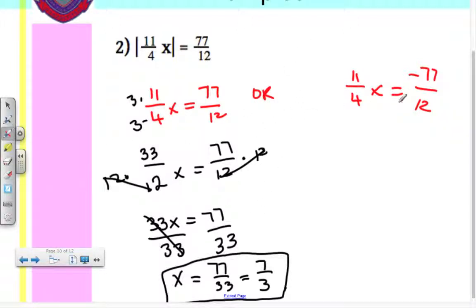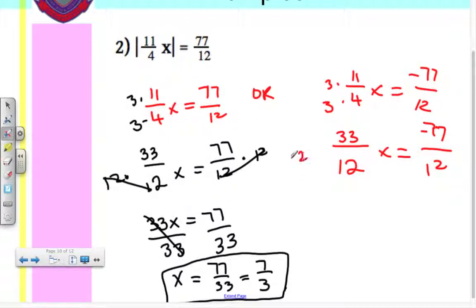But there's a second scenario. What if it was negative 77 over 12? So again, I'm going to keep it the same way. Make it the same common denominator. It's always the easiest thing to do. Again, times this by 3, times this by 3. This becomes 33. I'm going to multiply by 12 on both sides.